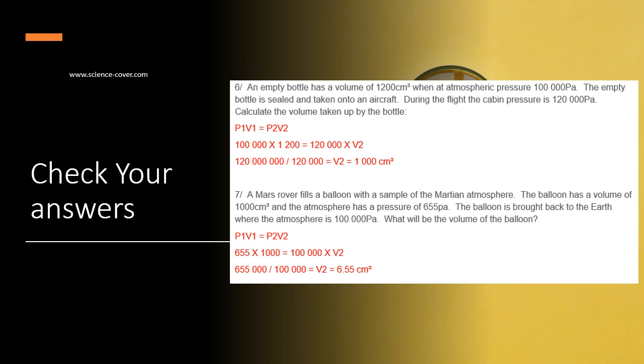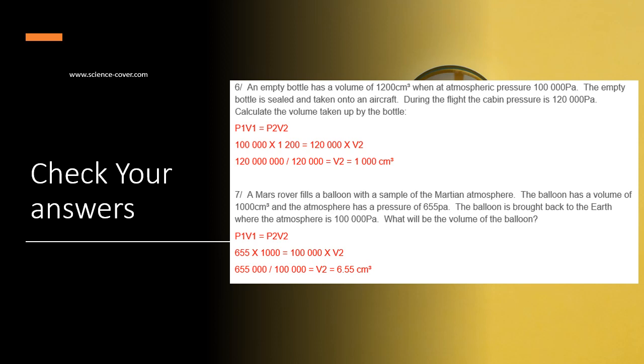A Mars rover fills a balloon with a sample of Martian atmosphere. The balloon has a volume of 1,000 centimeters cubed, and the atmosphere has a pressure of 655 pascals. The balloon is brought back to Earth where the atmospheric pressure is 100,000 pascals. What will be the volume of the balloon?